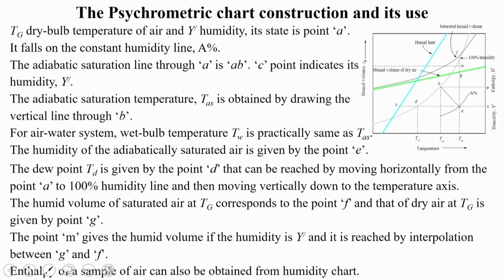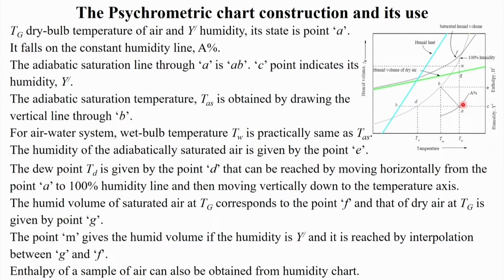Now, you see psychrometric chart construction is very easy. Let us take this Tg at this point. Tg is the dry bulb temperature of the gas and the humidity is y prime.